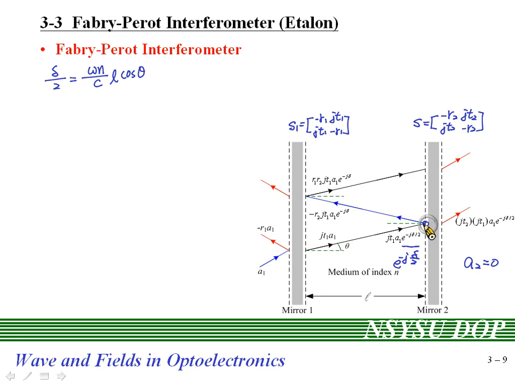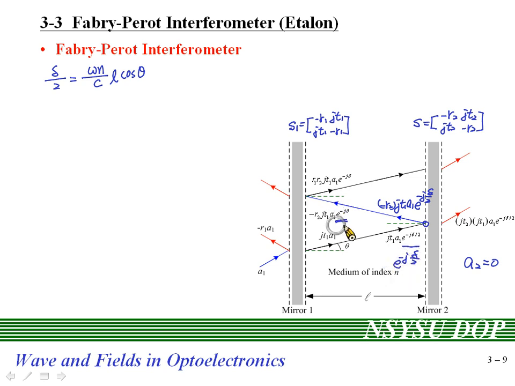Okay? And then this light beam will be reflected by mirror 2, and the amplitude will become minus R2 times the original amplitude here. This light beam again propagates from mirror 2 to mirror 1, and the amplitude will gain another phase difference exponential minus j half delta.